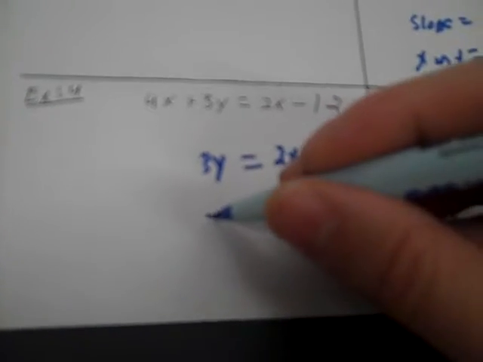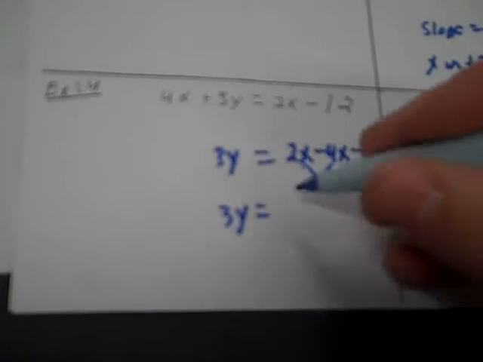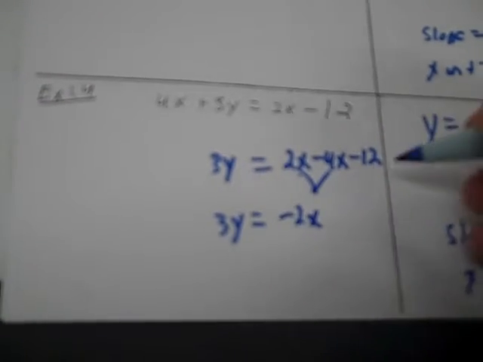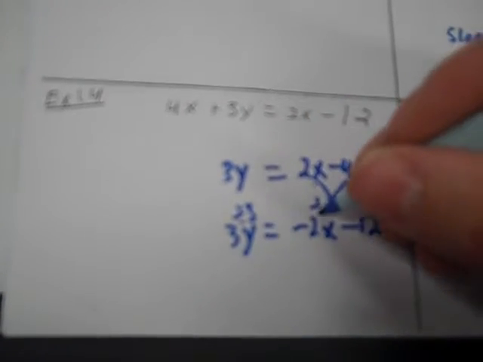Now, you've got an extra step because you have to combine your x's, okay? If I put a 2 with a negative 4, or take 2 minus 4, that's going to be negative 2. So negative 2x minus 12. Now I'm good. Now all I have to do is eliminate the coefficient of 3 by dividing everything in the equation by 3.